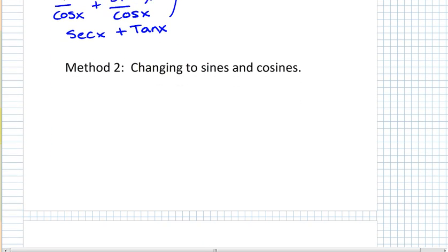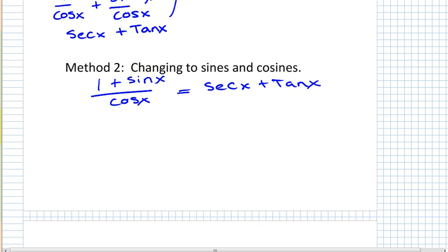The second method that we've talked about before is changing from sine to cosine. So remember the original problem is here, and basically we can work with the right-hand side and change to sine and cosine.